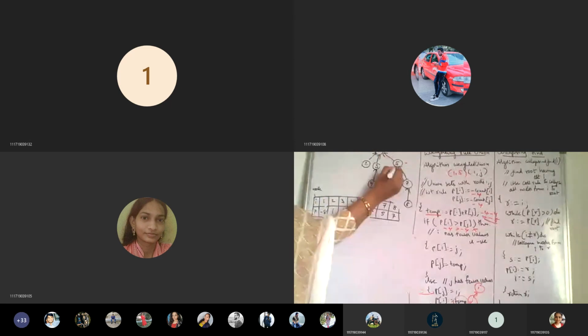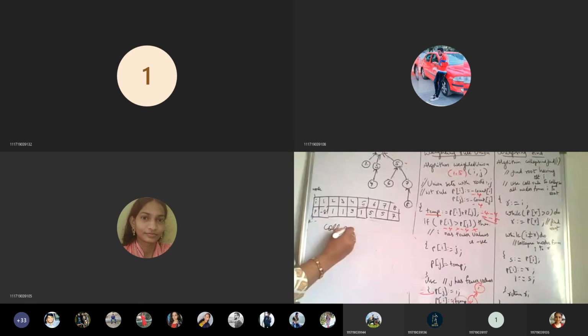Before I explain the next algorithm, I want to tell you something about the collapsing rule. Collapsing rule means, suppose in the same example I take 1, 2, 3, 5, 6, 7 and 8.